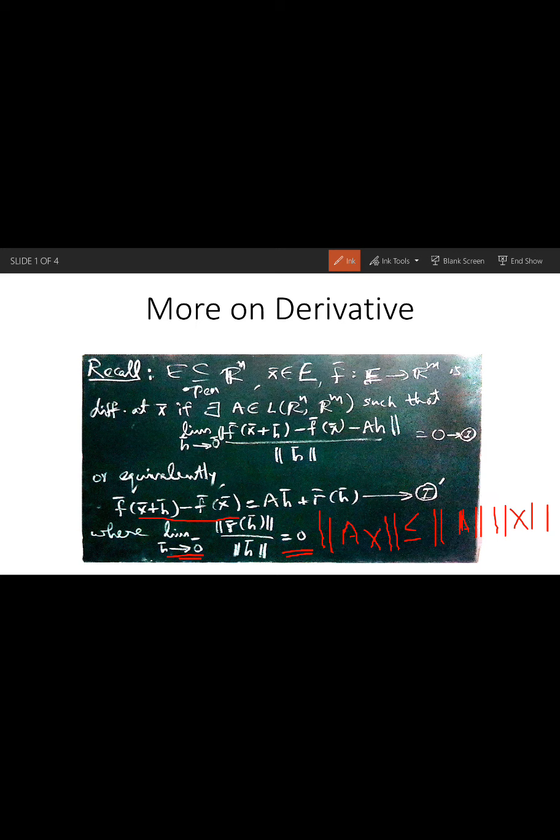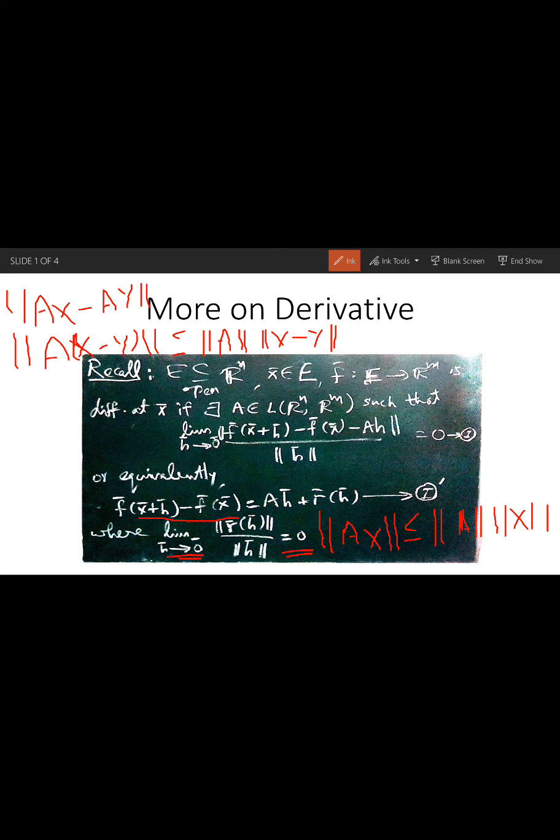Hope you understood. I will write once more. Norm of a of x minus y is less than or equal to norm of a into norm of x minus y, but a is linear. So norm of a of x minus y is precisely norm of ax minus ay.